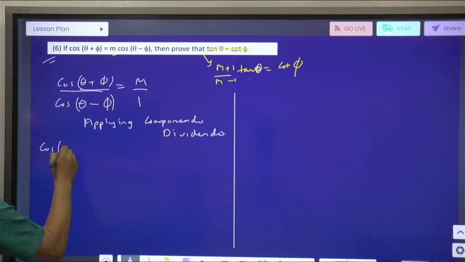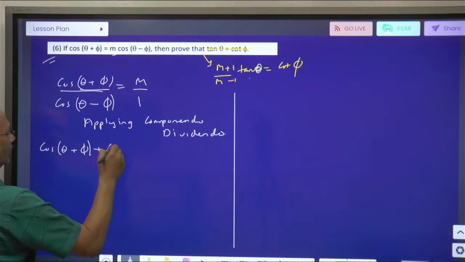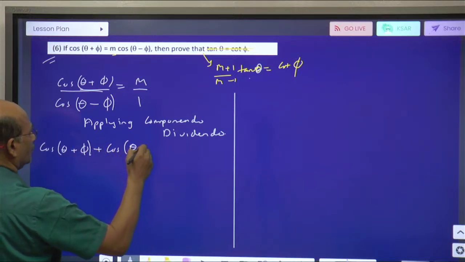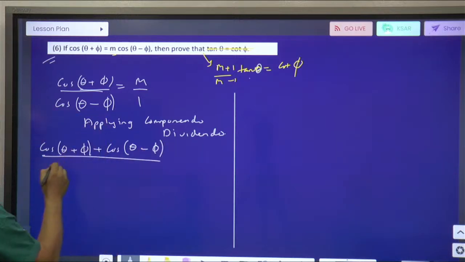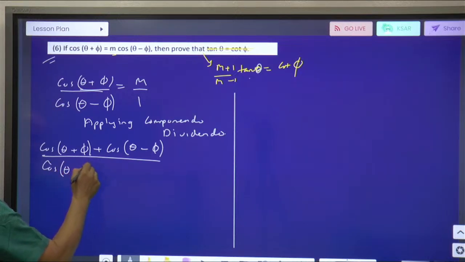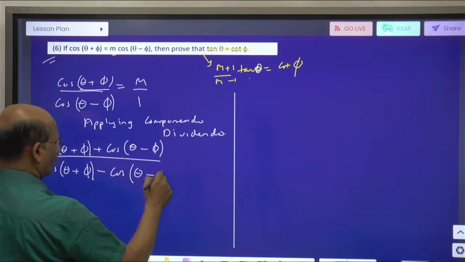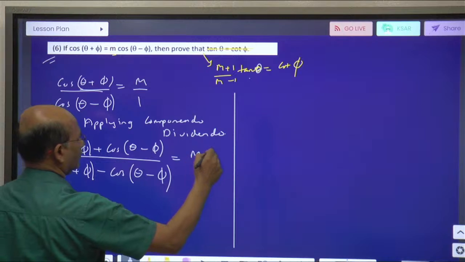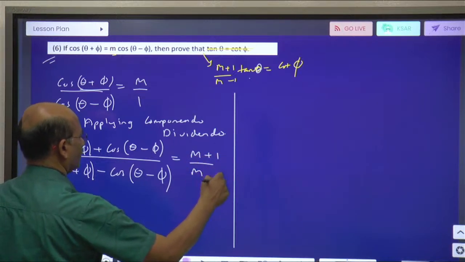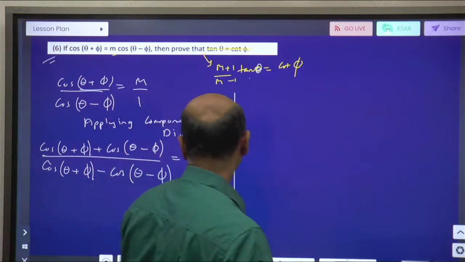Cos of theta plus psi plus cos of theta minus psi upon the denominator difference is equal to m plus 1 upon m minus 1. Our job is over. I'll tell you how.